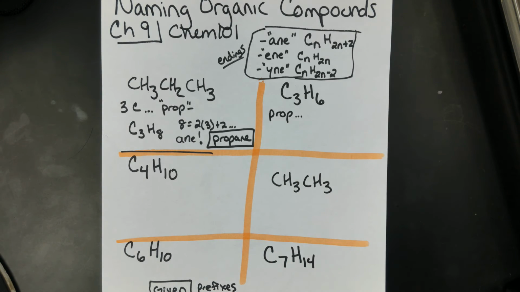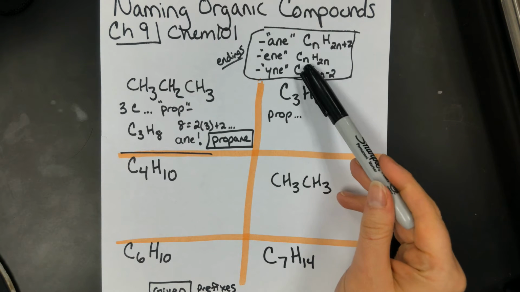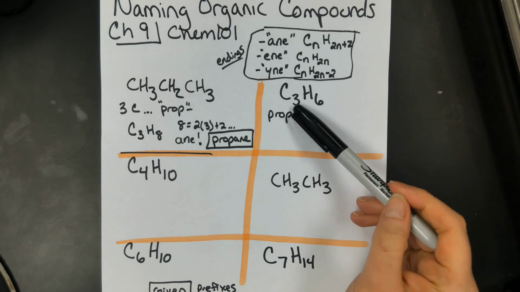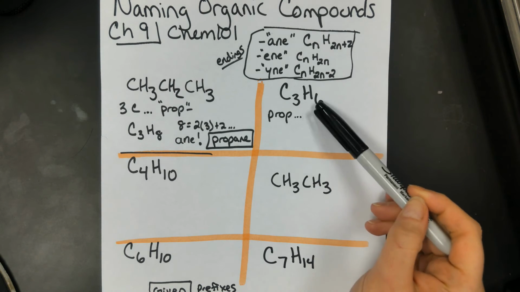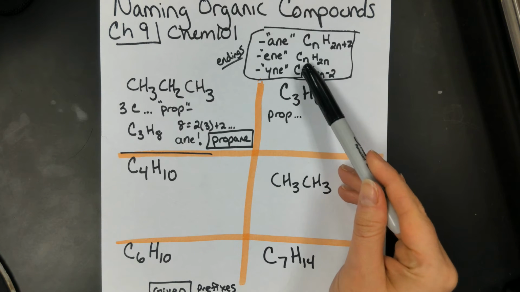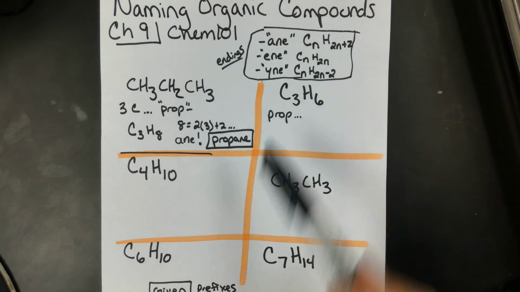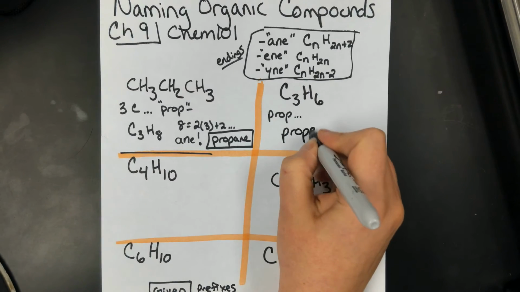So is it propane, propene, or propyne? Let's figure it out. This follows the formula of CnH2n, correct? Because there's only twice as many H's. So it must be ene as the ending. So this is propene.